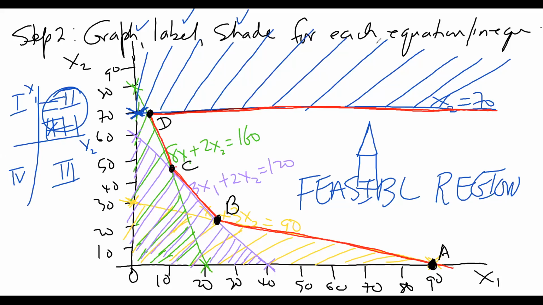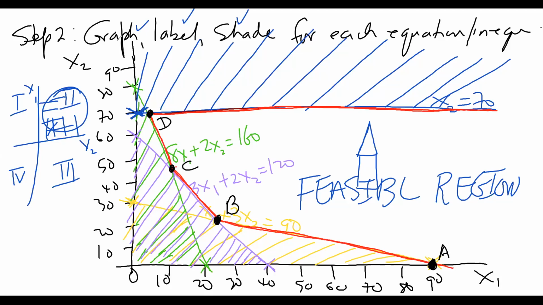Good. So what we do now is that we evaluate our corner points. Why? Because that is where we're going to find the solution to the problem. So you first identify your feasible region after your graph label shade. So your graph label shade, that's step 2.